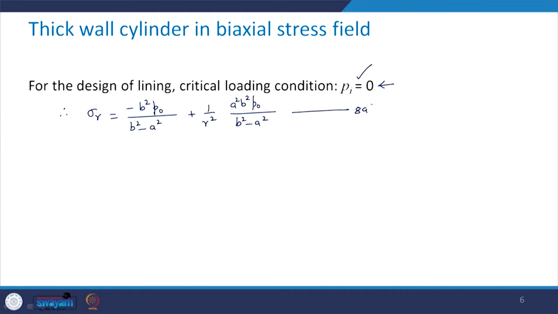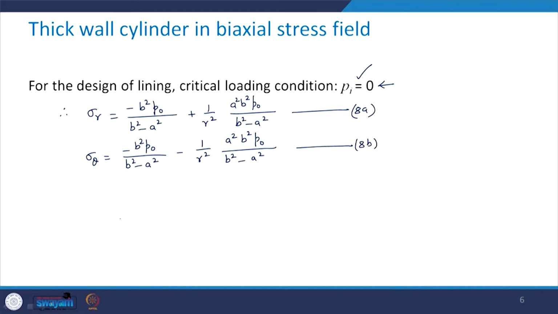That's equation 8a. And your sigma theta will be equal to minus b square P naught divided by b square minus a square minus 1 upon r square, a square b square P naught divided by b square minus a square. This will become 8b.